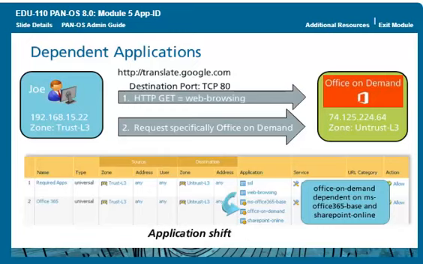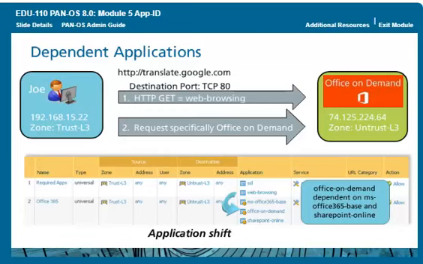In this example, user Joe in one zone wants to access Office on demand in another zone. AppID scans the traffic and finds an HTTP GET, which matches the web browsing application. The first rule is matched and the HTTP connection is allowed. The Office 365 rule is not checked at this time because a matching rule has already been found.